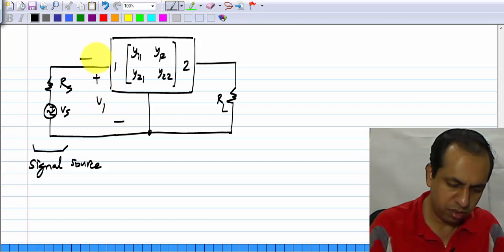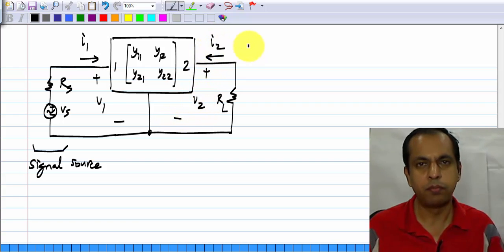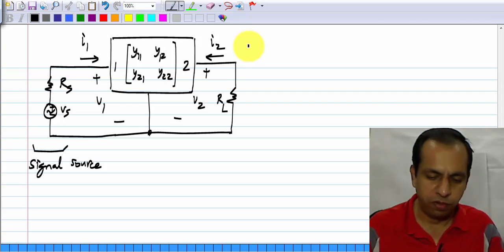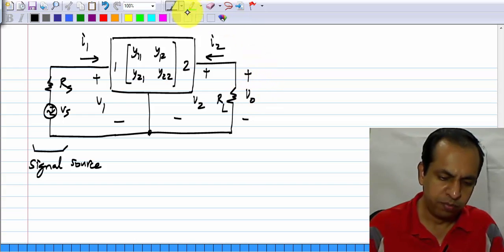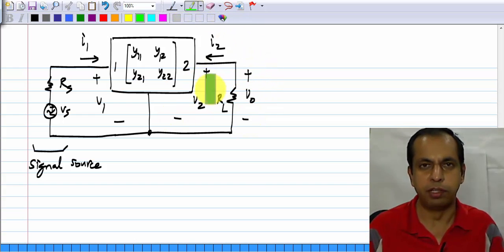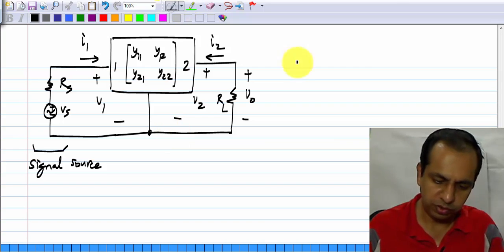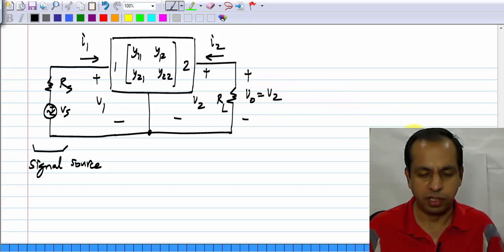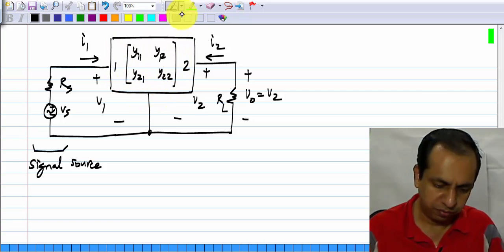Now, we have to solve for the output voltage V0, which you see is exactly the same as this V2. So essentially we have to solve for V2. So first of all, we have relationships imposed by the two-port.